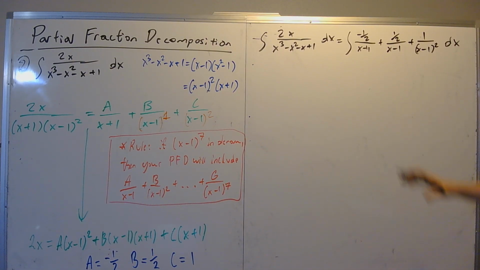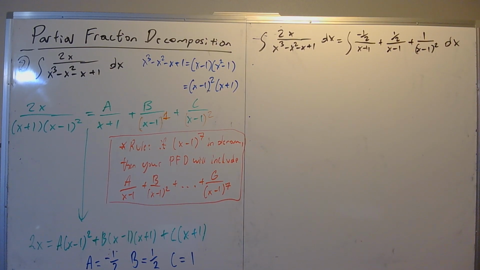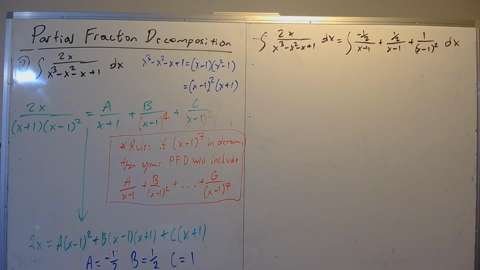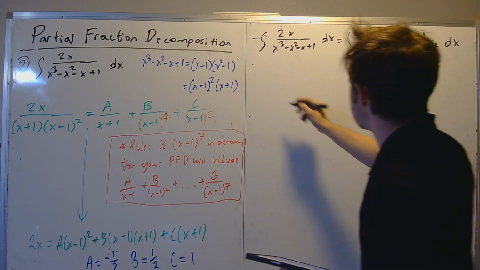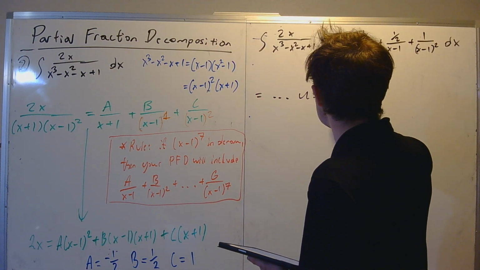So the hard part of these is just figuring out the values of A, B, and C. Once we figured that out, we can now just go ahead and solve all of these integrals. We can separate this into three integrals. The way we would solve all three of these integrals is by u substitution.